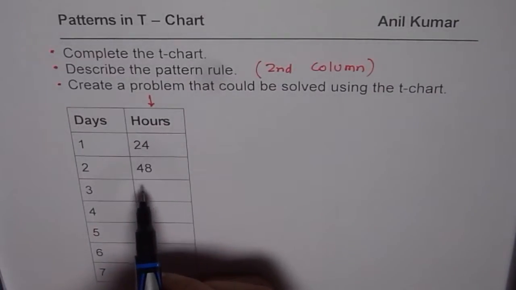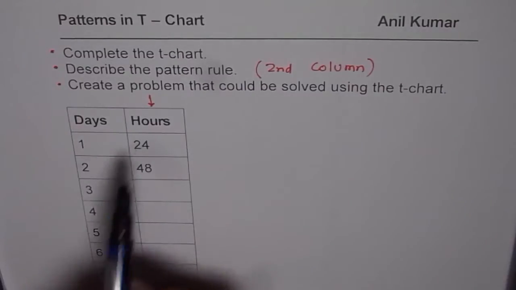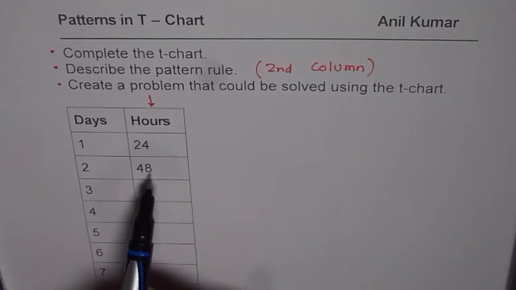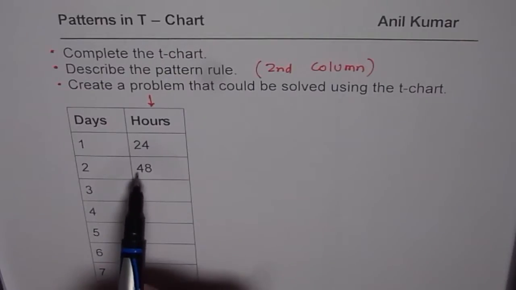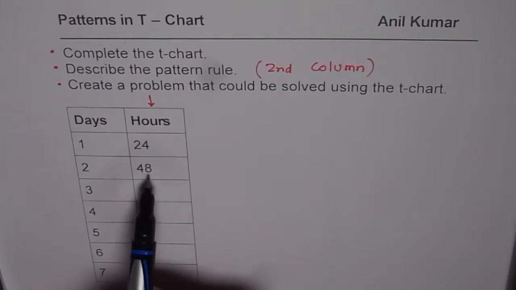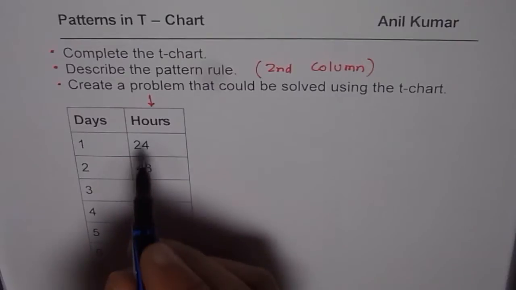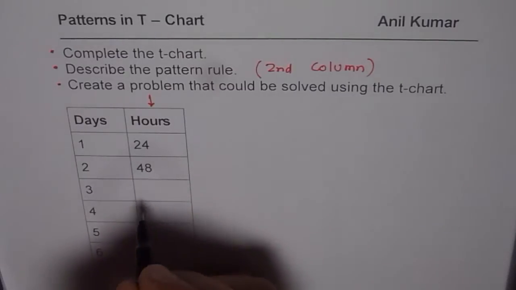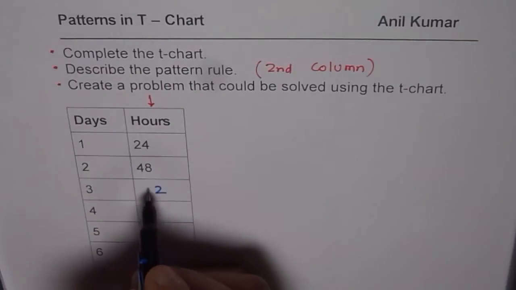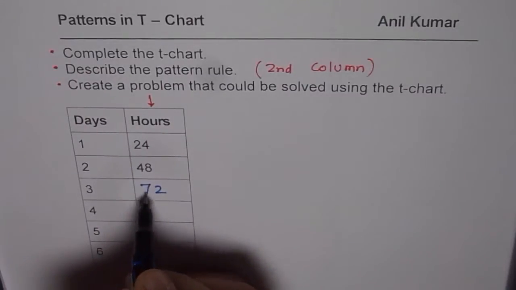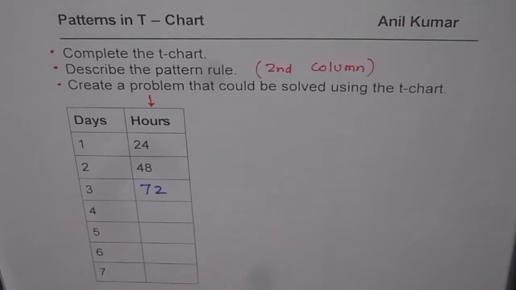What is happening here is one day has 24 hours, 2 days has 48 hours. So 24 more hours for the third day. You can add 24 to 48, that is one way of doing it. Let's add. 4 plus 8 is 12, 1, 4 plus 2 is 6 and 1, 7. So we have added 24 and we have got 72.